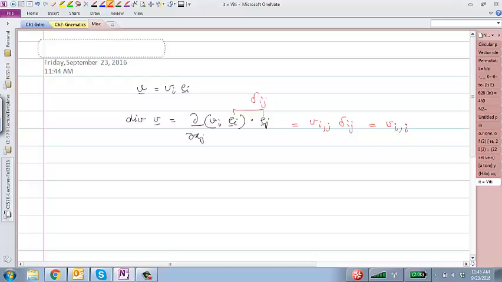All I need to do is to take the partial derivative of the components of V with x_i. So if V_i is x_i, then that implies that divergence of V of x would be just x_i,i, which is nothing but delta_ii, which is nothing but 3.